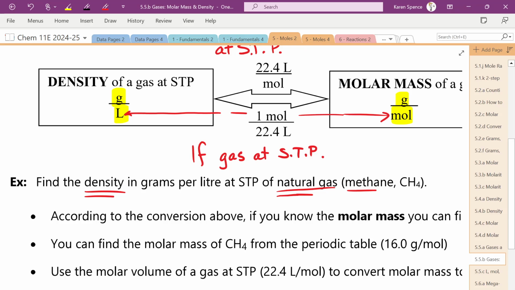I'm not given grams. I'm not given liters. But what can I find about methane? What's the only number I can figure out about methane? That's easy. I can figure out its molar mass, and I can be like, oh, it is 16 grams per mole, 12 plus 4, right?